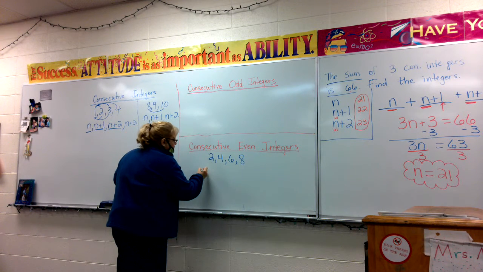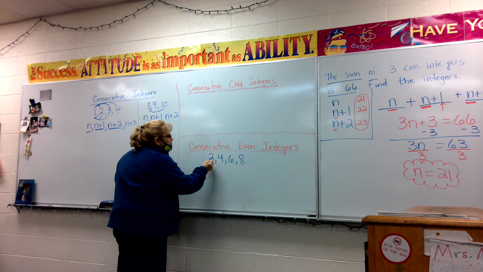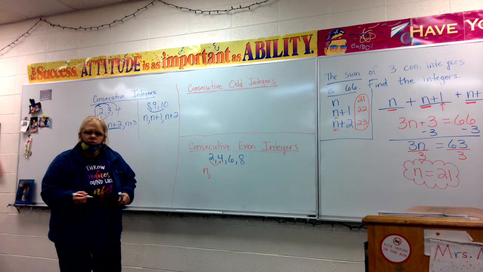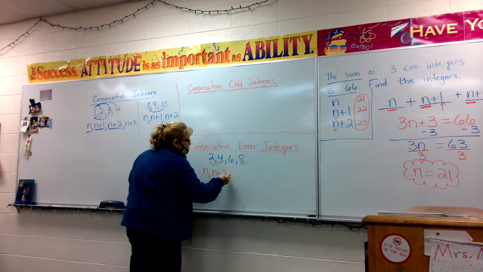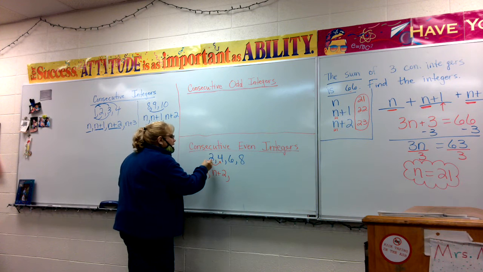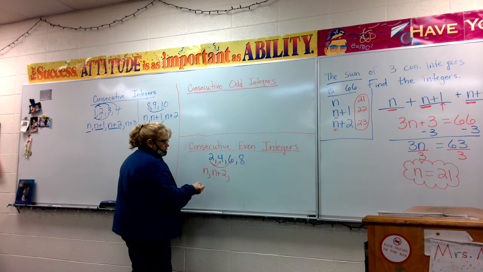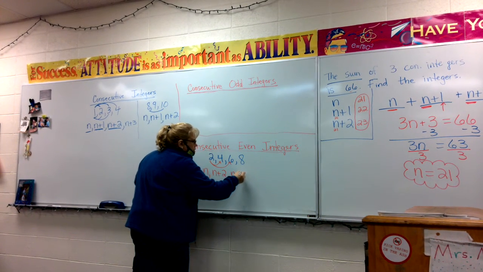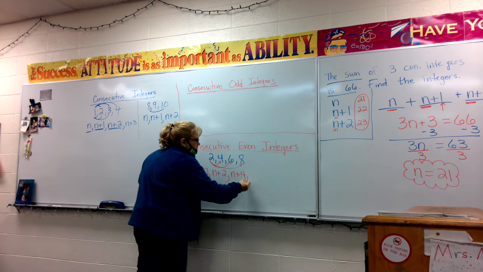If I represent the first one as n, what do I have to add to 2 to get 4? 2. So the next one I'm going to represent as n plus 2. What do you have to add to 2 to get 6? 4.